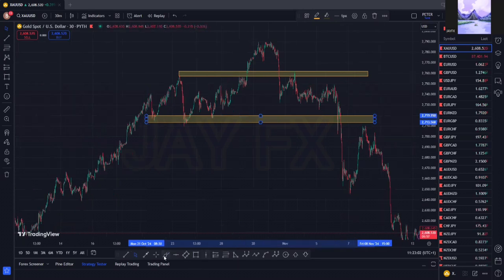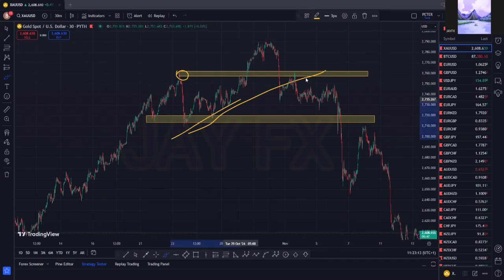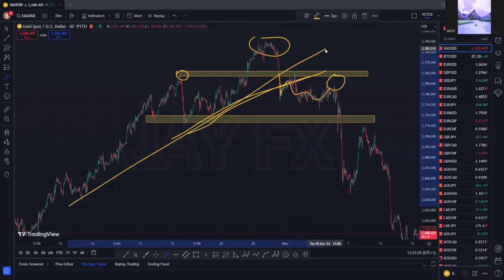When the market changed direction here, it was confirmed by this uptrend trend line and the head that it creates, and then it comes back and creates another shoulder after breaking our trend line, right?